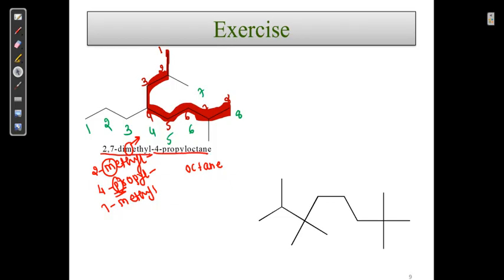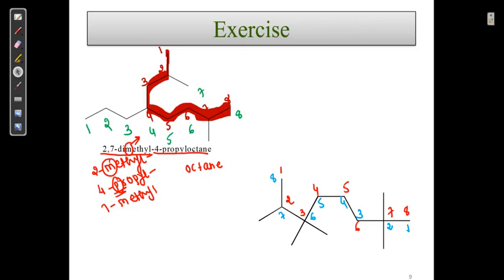So if you consider here 1, 2, 3, 4, 5, 6, 7 and 8. Another one is 1, 2, 3, 4, 5, 6, 7 and 8. So almost these are the same, branching wise and all these things.